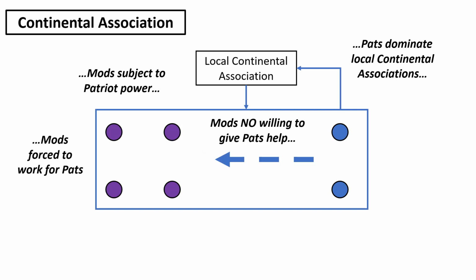The Patriots soon abused this power to force colonists into their movement. They circulated official petitions where all colonists had to publicly declare their support of the Patriot boycott. They set up supervising committees and town meetings which all colonists had to attend. They granted themselves huge powers to spy, search, and bully all suspected opponents.